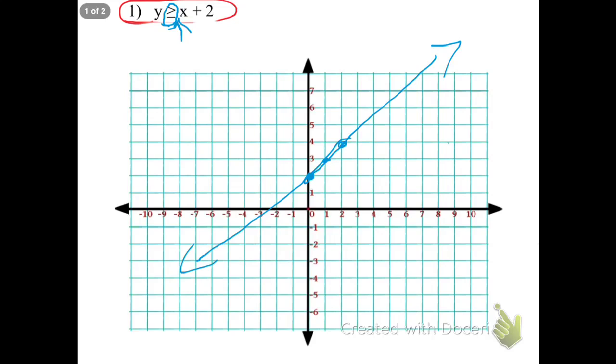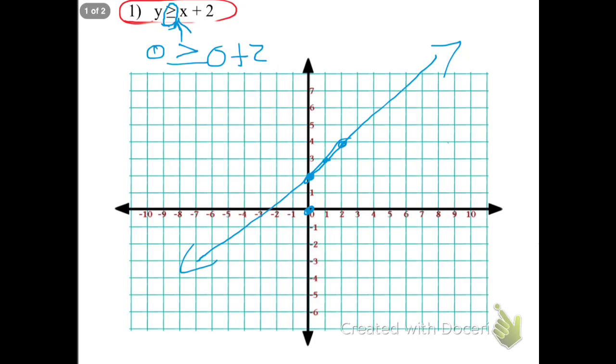Now we need to just figure out which side is going to be shaded, like the upper left or the bottom right. To figure this out, just pick a point on one of the sides. I like picking the point 0, 0 because it's really easy to plug into your inequality. So put 0 in for y, 0 in for x, and decide if that's true.